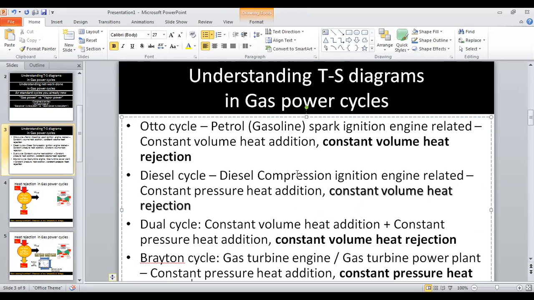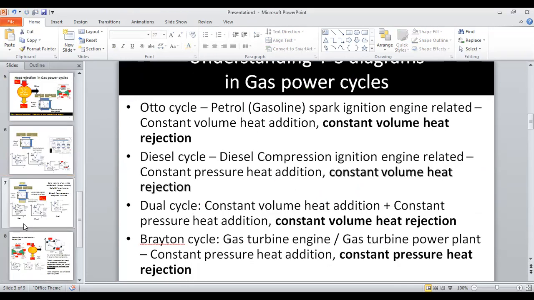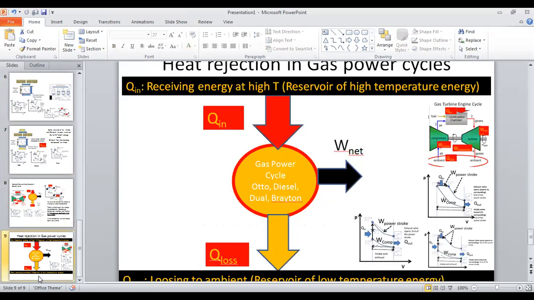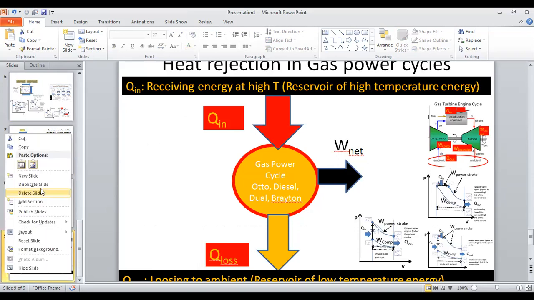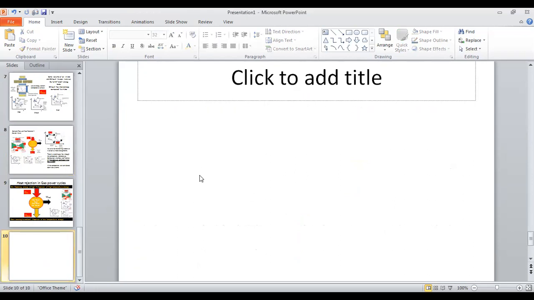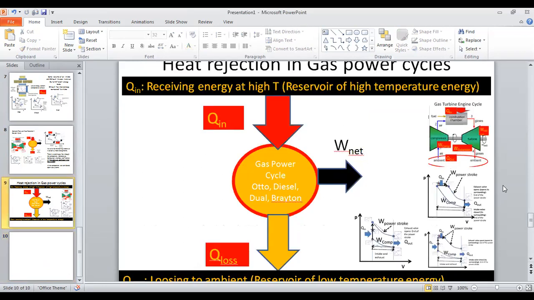So no TS diagrams yet. Now we will be looking into the TS diagrams. Quite straightforward. First, we will look into our Otto cycle.